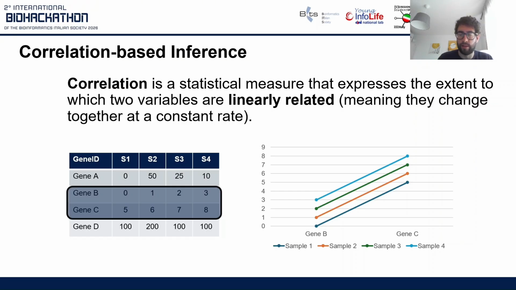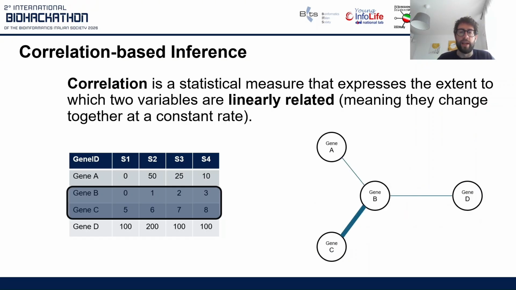Of course, this is just a simple example. But in the end, what we will have is a perfect correlation link between gene B and gene C. So the edge is weighted more, is stronger than the other ones, because the correlation is stronger.